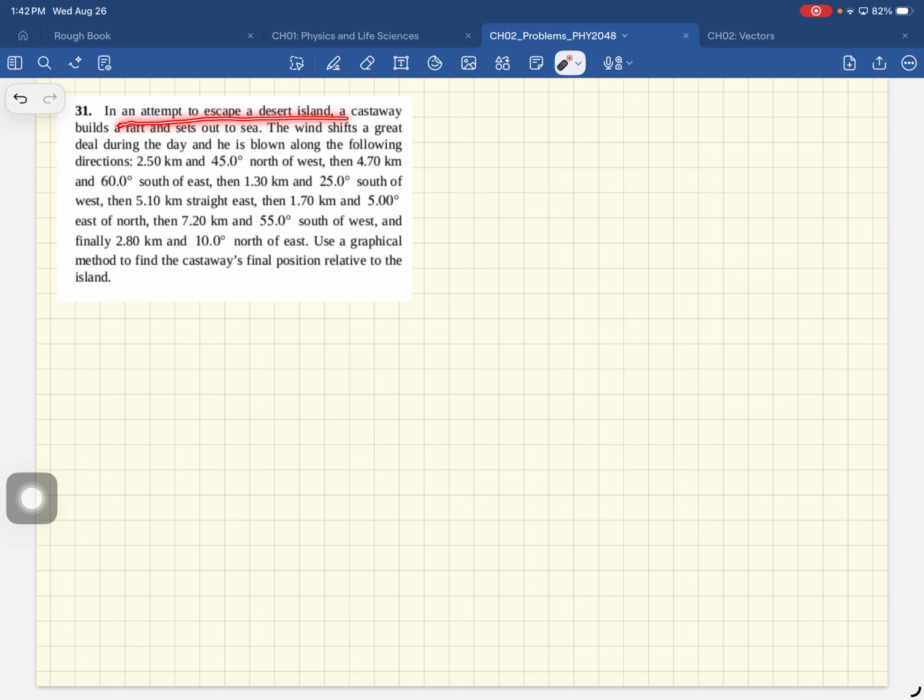Okay, so that's the distance from the starting point. And that's in meters.